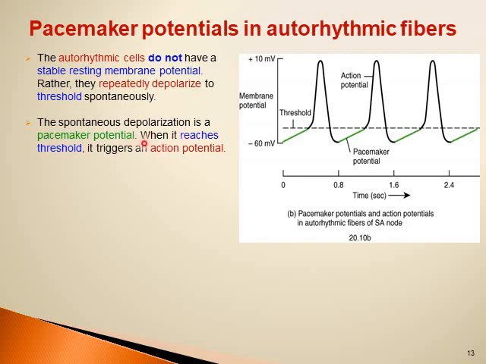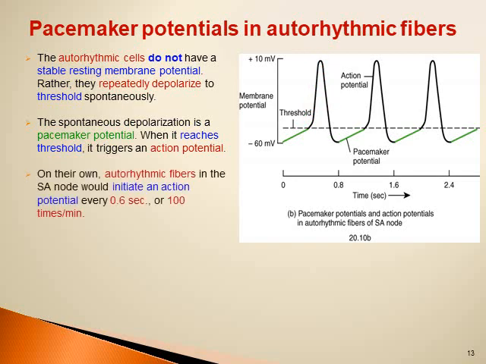So when the membrane potential reaches the threshold, it triggers an action potential, as we can see here, which has two limbs: depolarization and repolarization. On their own, the autorhythmic fibers in the SA node would initiate an action potential every 0.6 seconds, which means they will generate about 100 action potentials per minute.